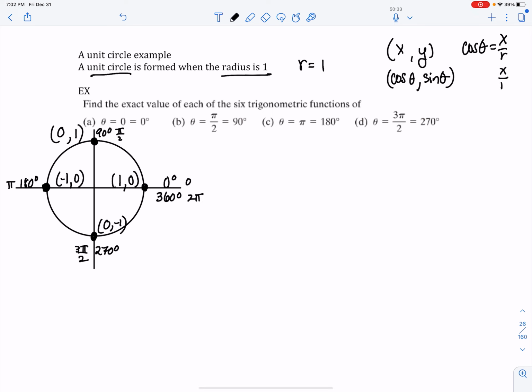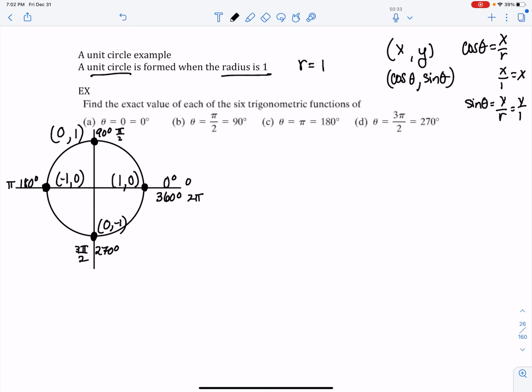And if my radius is 1, then cosine is just x. Sine was defined as y over r. So once again, if my radius is 1, then sine is just y. So that's why those points correspond to cosine, sine. Cosine goes with x, and sine goes with y on the unit circle because the radius is 1.